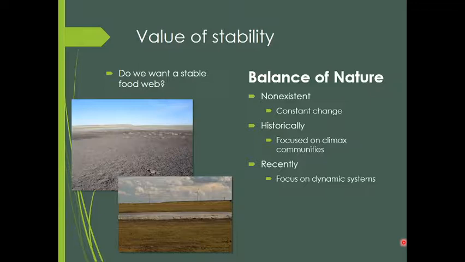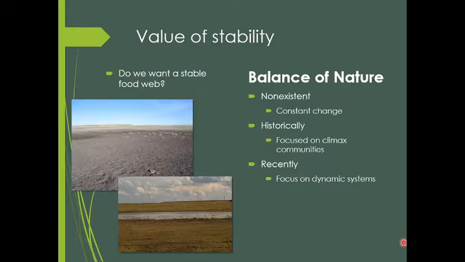This idea of balance of nature kind of came out of ecological thinking about equilibrium processes and focusing on climax communities. But recently, more and more ecologists have focused on dynamic systems, seeing how the food web changes, and really how the dynamism of an ecosystem impacts the stability of the food web.